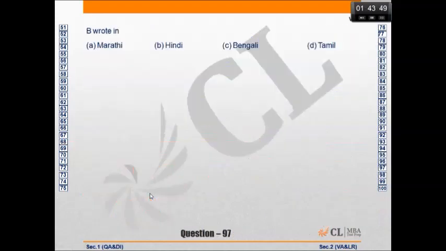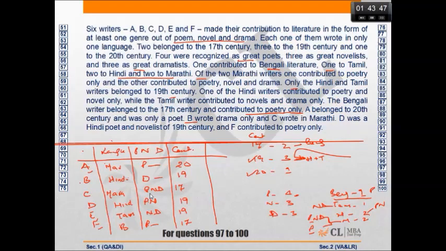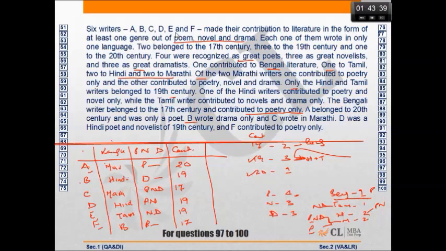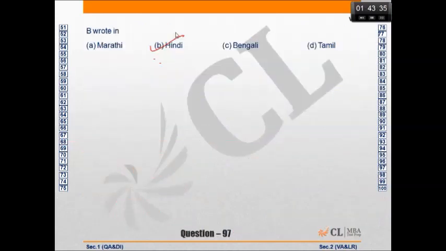Okay, great. B wrote in Hindi. Who's the Tamil writer? Tamil writer is E. Which genre of literature did C contribute to?